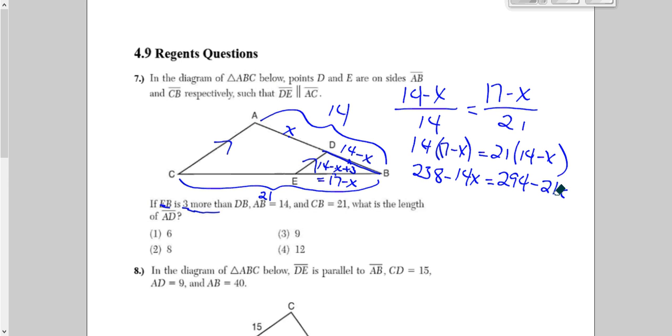All I gotta do is get all the x's on one side and add 21x to both sides. Negative 14x plus 21x is 7x. Now subtract 238 from both sides. 56. x equals 8. With me now? Yeah, I just don't know how I'll separate those.